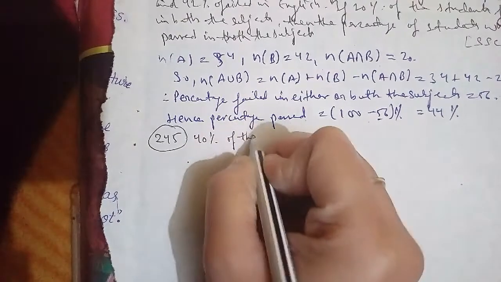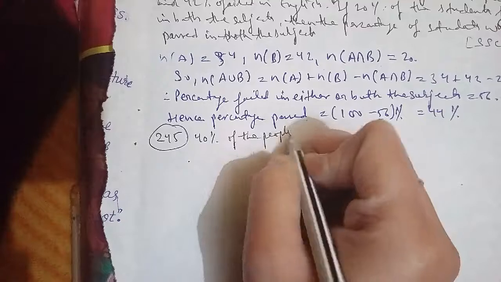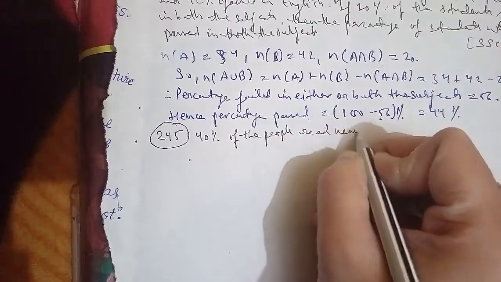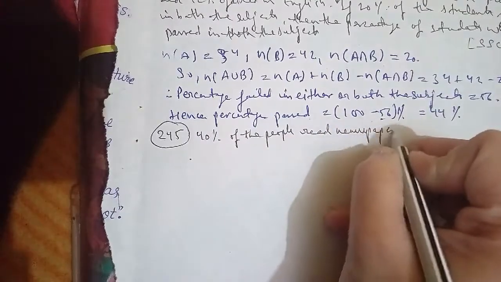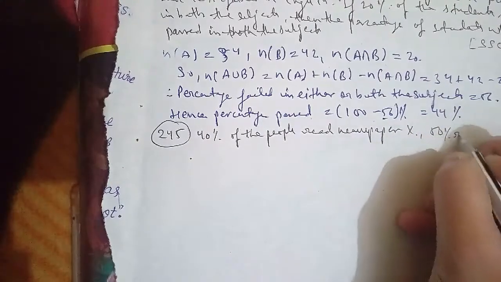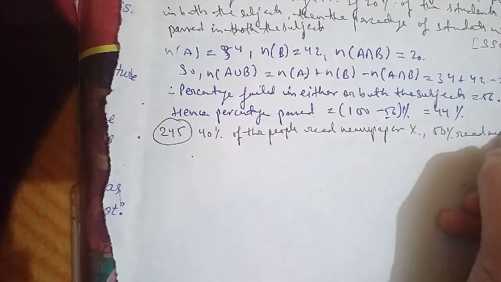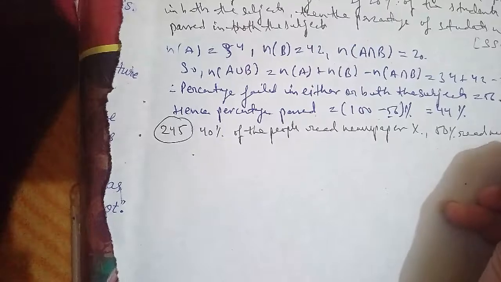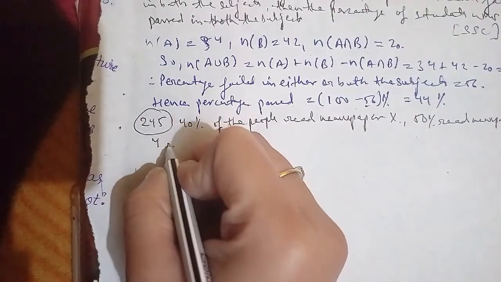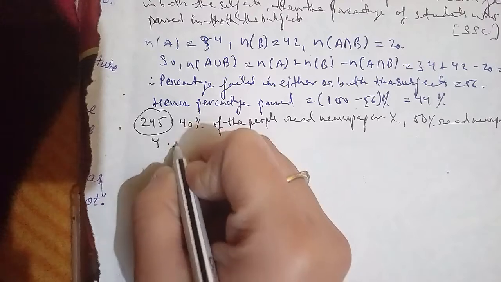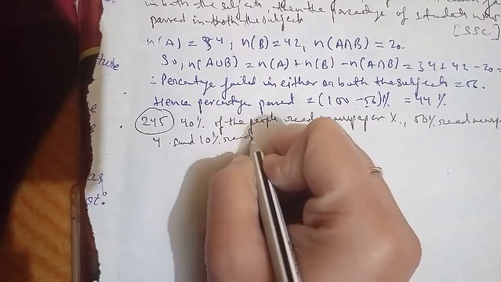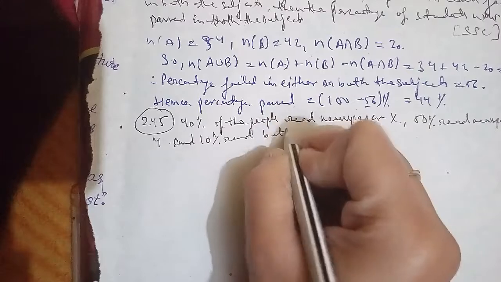40% of the people read newspaper X, 50% read newspaper Y, and 10% read both the papers.